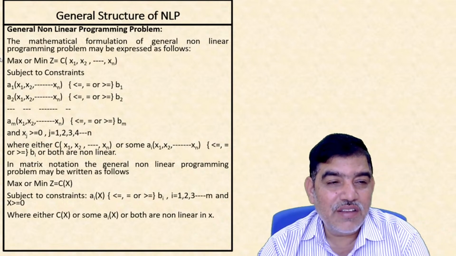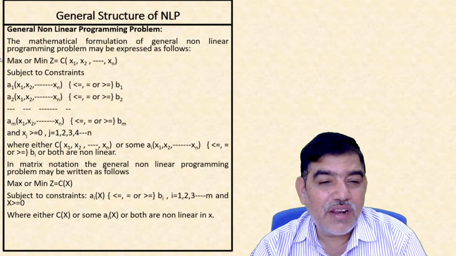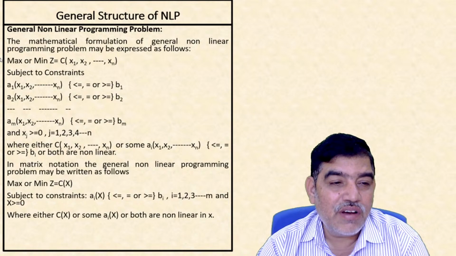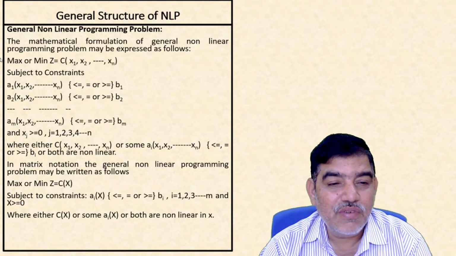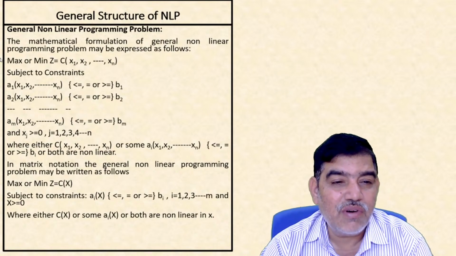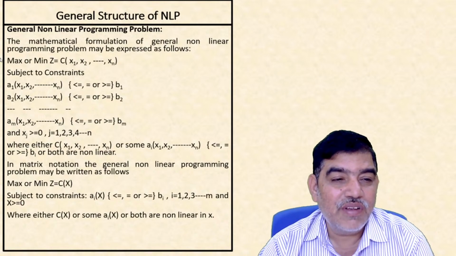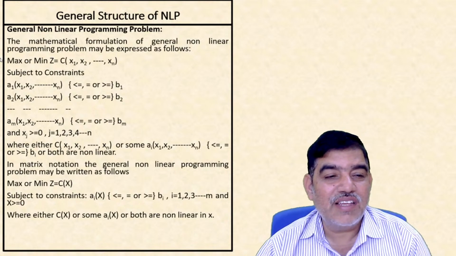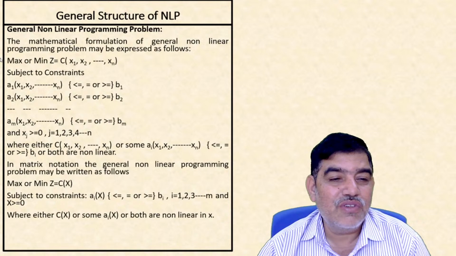In general, if there are m constraint equations, a of m of x1, x2 up to xn less than equal to or greater than equal to or equal to bm, and all the decision variables, that is xj greater than equal to 0.